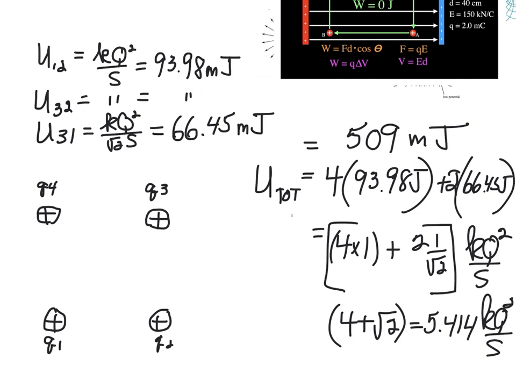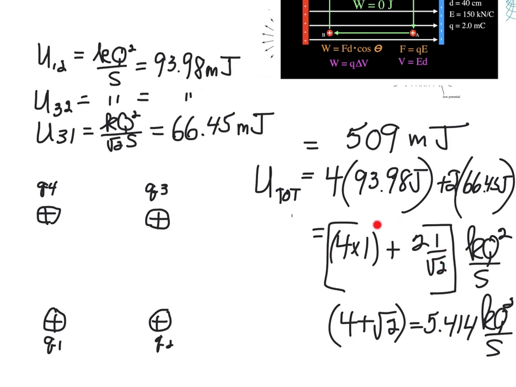The general solution, notice that the general solution of this is just k q squared over s. And for the cross distance, it's kq squared over the square root of 2s. So there's 4 of these. This is a coefficient of 1. And this is a coefficient of 1 over the square root of 2. So there's 2 times that.